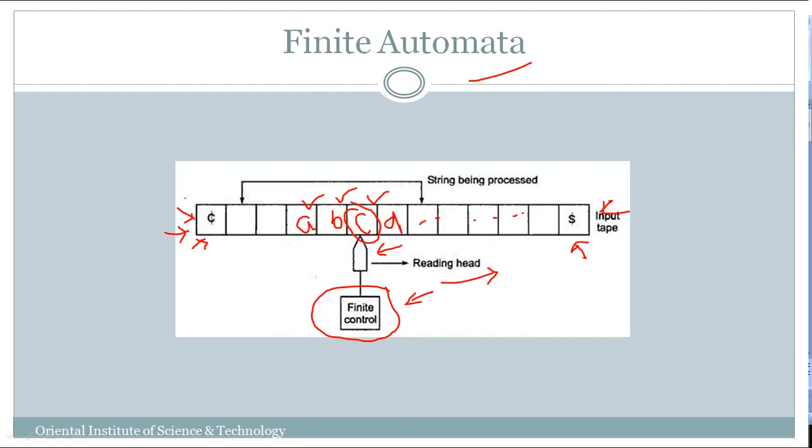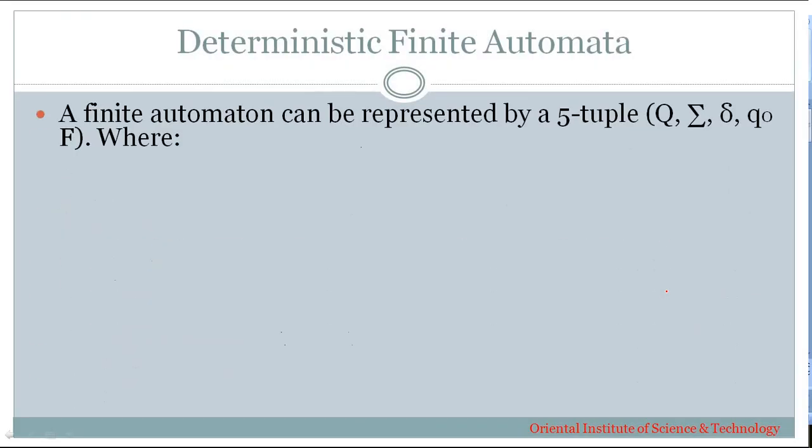When it reads c, the finite control will decide an action, and this action will be some state.